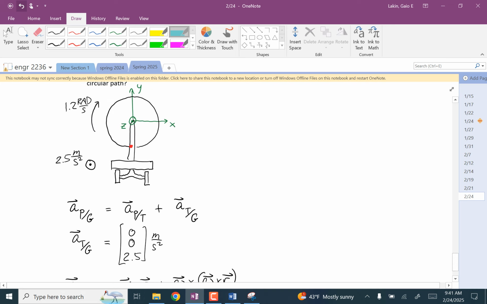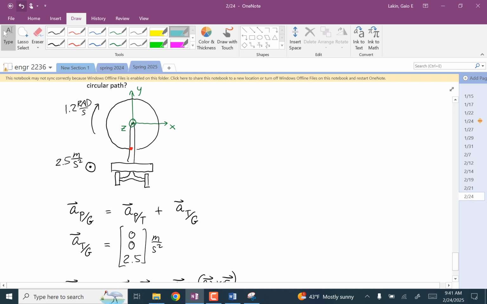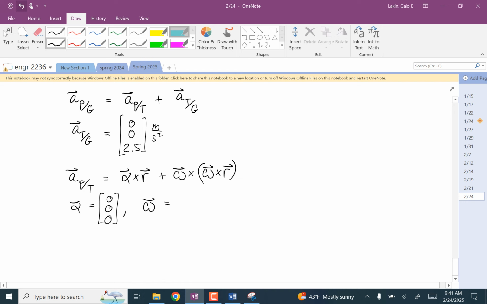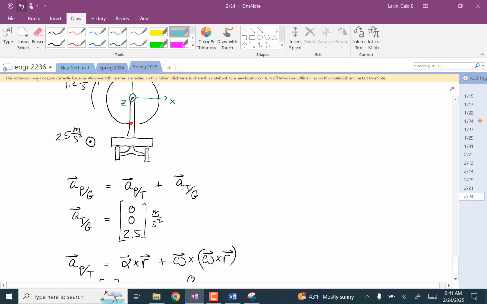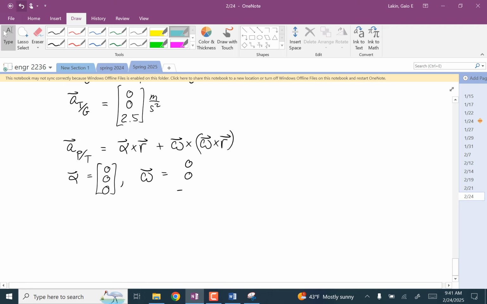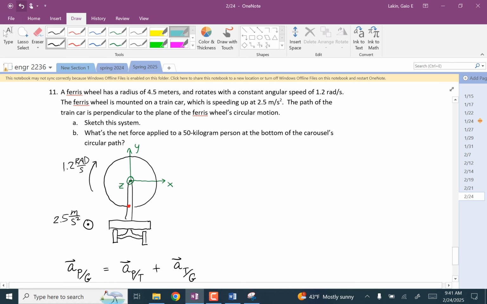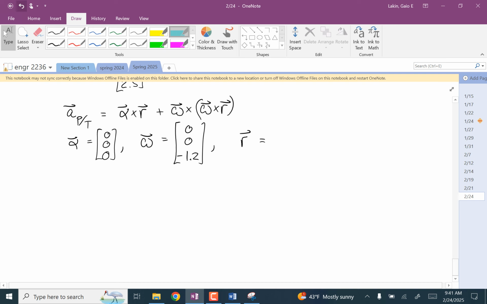Omega is in the negative z direction, so 0, 0, negative 1.2. And then r, from the center of the circular motion to the red dot, is in the negative y direction, 4.5 meters.